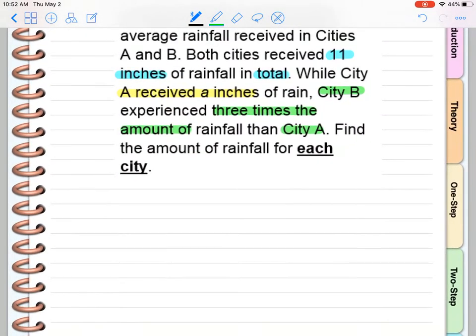Okay, a minute ago, A, B, and C represented dollar amounts for people in a problem. In this particular problem, A and B represent cities, and that's an example of variance, of varying from problem to problem. So A and B together, 11 inches of rain.